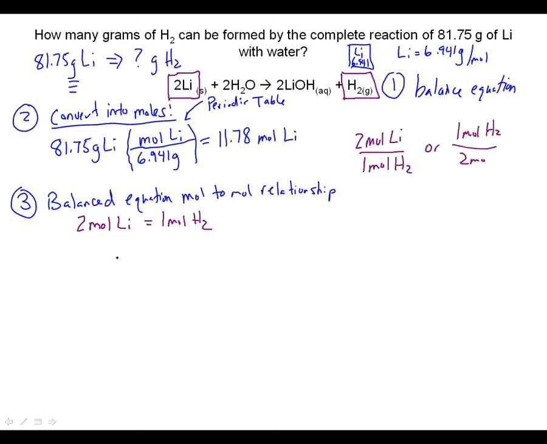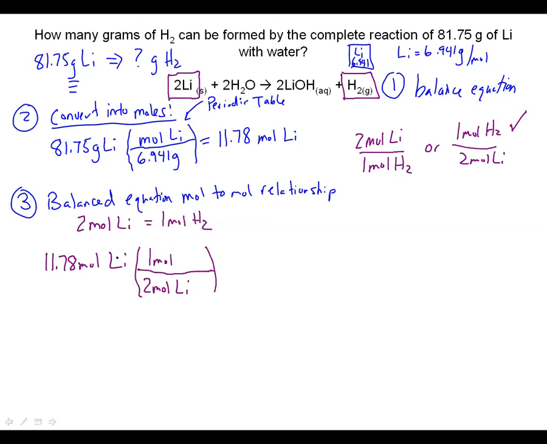Taking our answer from step number 2, we are in moles of lithium, which we want to get rid of, because ultimately we're interested in H2. So we use the coefficients from the balanced equation, which is the stoichiometry, to do that. Again, we use the conversion factor on the right because that has the lithium on the bottom, and we have our moles of hydrogen on top, which is what we're looking for.